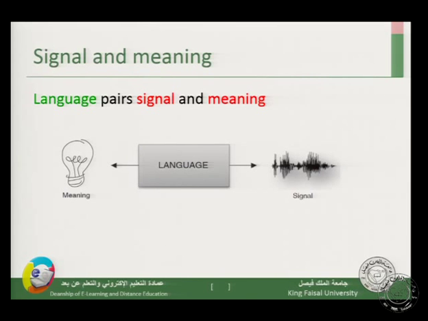Now let's move to the next pair we have today, which is signal versus meaning. As you can see on this diagram, we have language in the center. On the right we have signal, and on the left we have meaning.